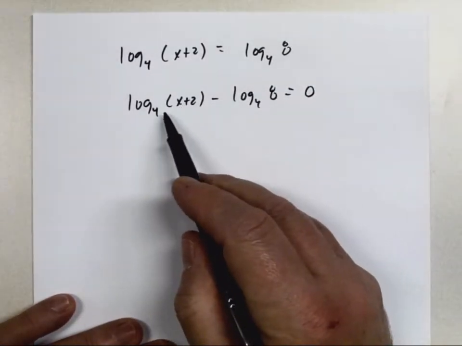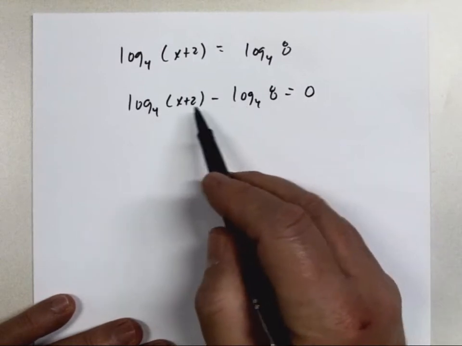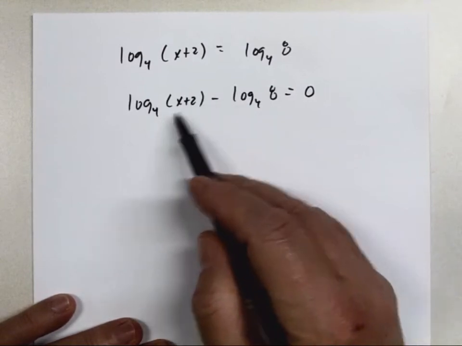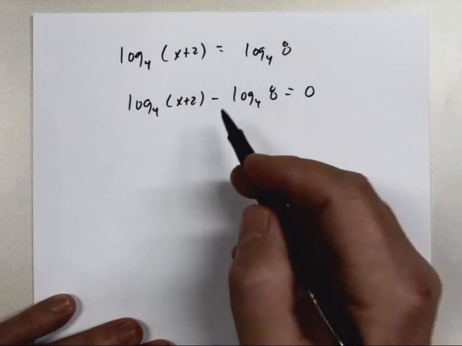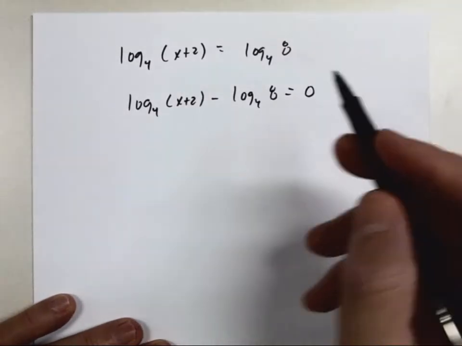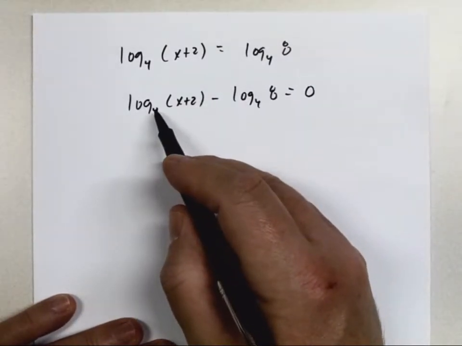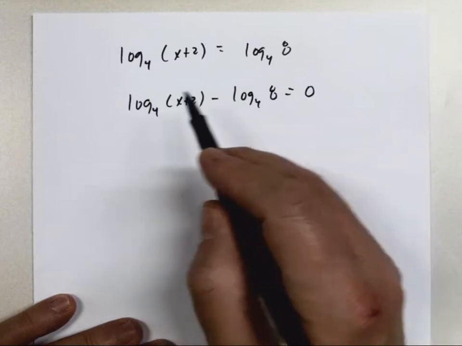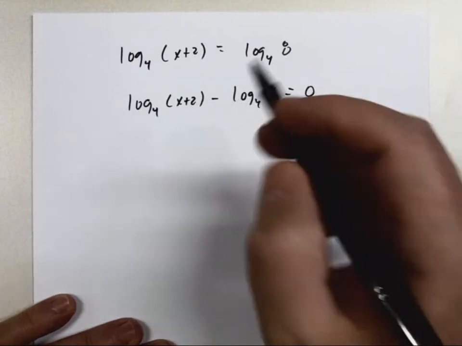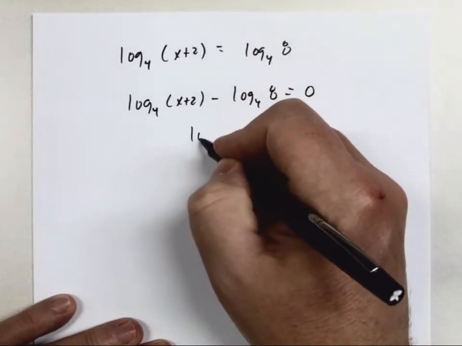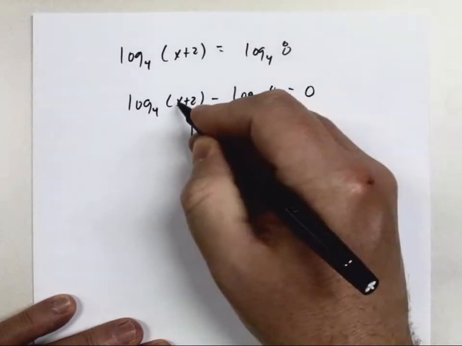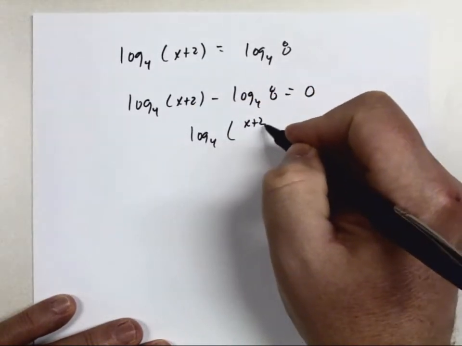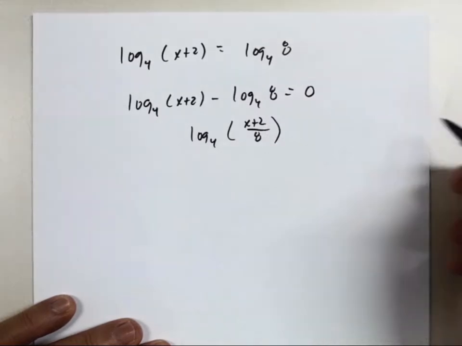The next step says, now take all your log terms and combine them into one log. Now, since we're subtracting, first of all, the rule is same base, no coefficients, we're good there. Now, since we're subtracting, it ends up being x plus 2 over 8.